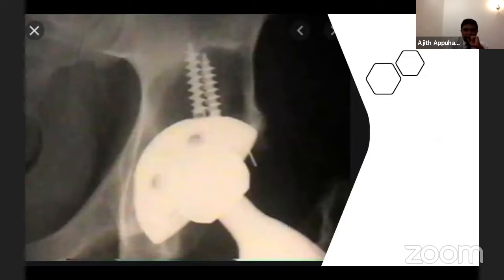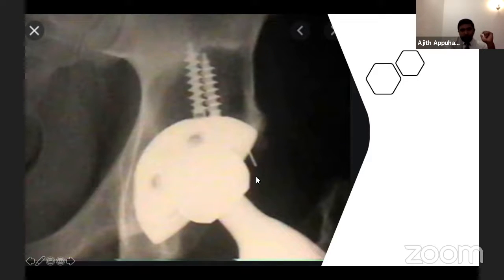Example, now imagine, look at this uncemented acetabular cup, and there is screw fixation. Here there is a joint and joint fluid is here.